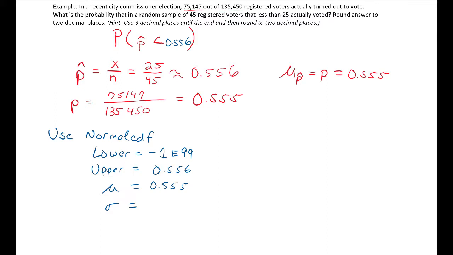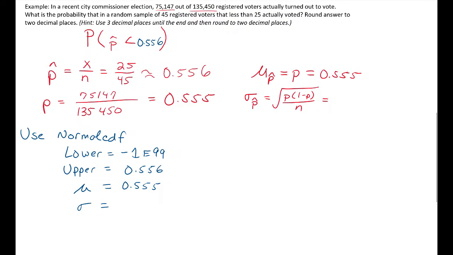Once again, the central limit theorem helps us out with this. From before, we know that the formula for the standard error is the square root of p times 1 minus p over our sample size n. So what is this going to look like?